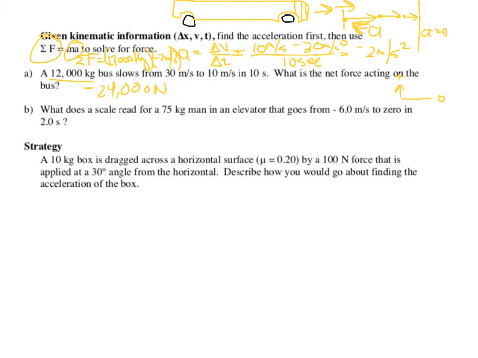Okay. The man goes from negative 6 meters per second to 0. That means the dude is going this way, but slowing down until it finally stops. That means the A is what? Up. Negative meters per second in an elevator means down. So it's going from negative 6 to 0. That means the elevator is going down and slowing down, which gives me an upward acceleration.